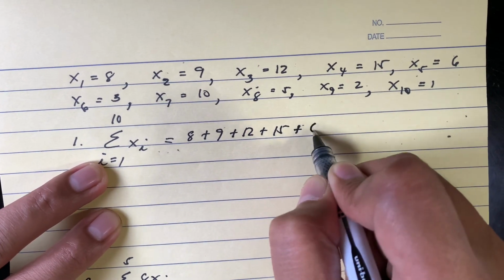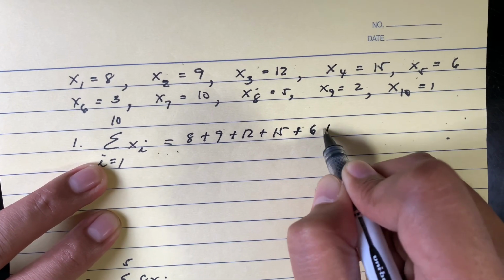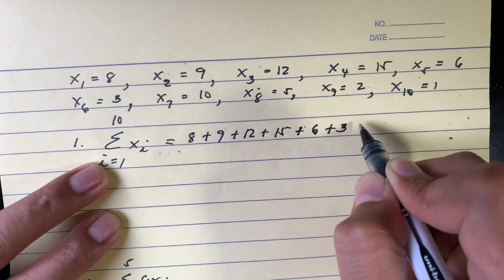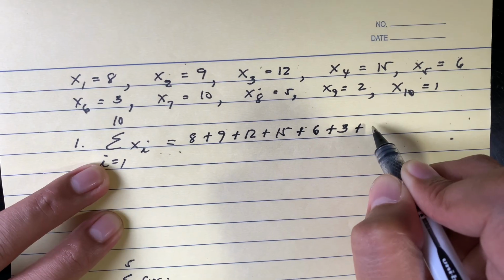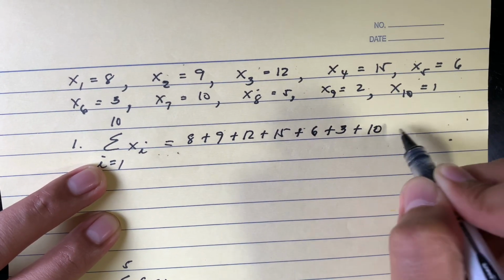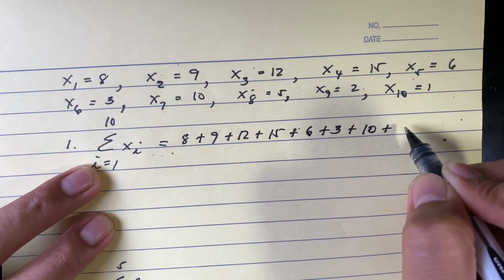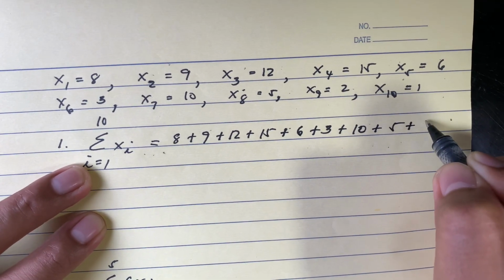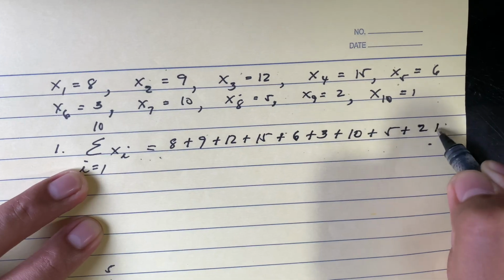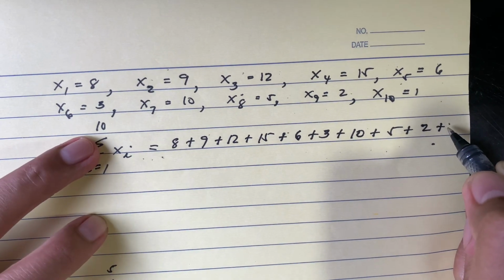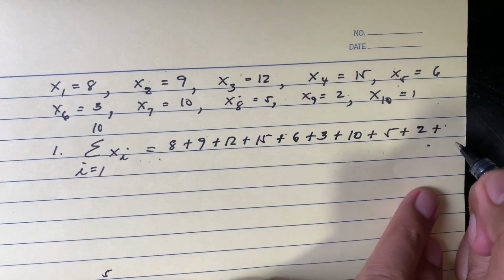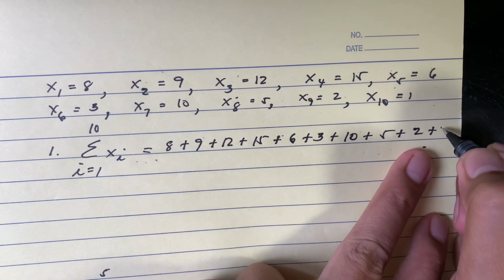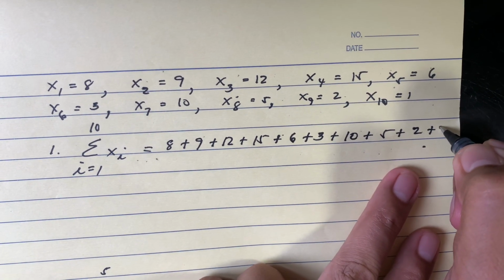We have 6. Then x sub 6, we have 3. Then x sub 7, we have 10. Then x sub 8, we have 5. Then x sub 9, we have 2. Then finally, we have your upper limit, which is your x sub 10, and it is equal to 1.